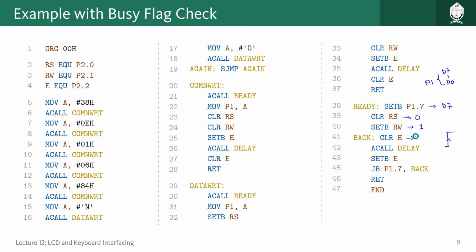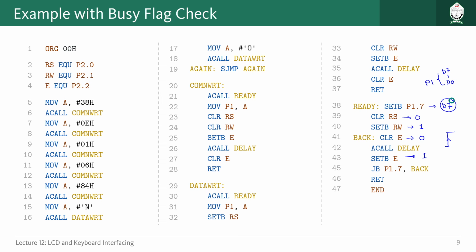That's why initially we have cleared E, then taken some delay, then we have made enable pin 1, so positive edge trigger signal. If we do all this, we are going to get the data from pin 1.7, which is coming from D7 of LCD. So it will be either 1 or 0, and based on that we can make the judgment whether LCD is busy or not.